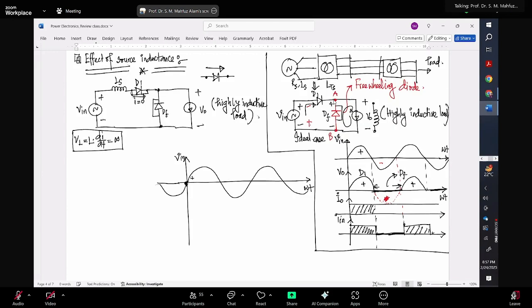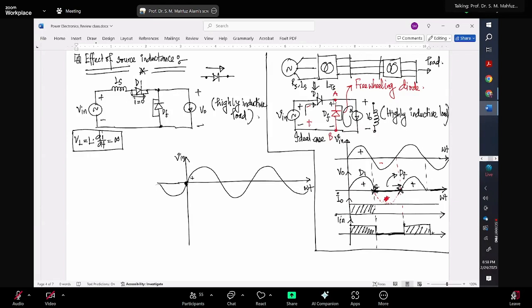And when it is transitioning from negative to positive, from the freewheeling diode to the normal diode, since we don't have any inductance there, there was no problem, and the current can instantaneously change its value.